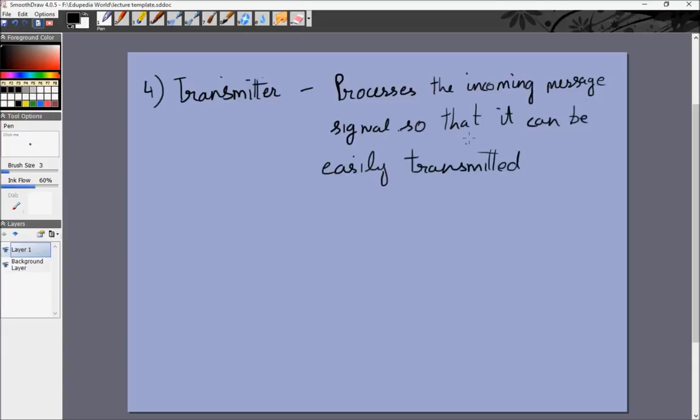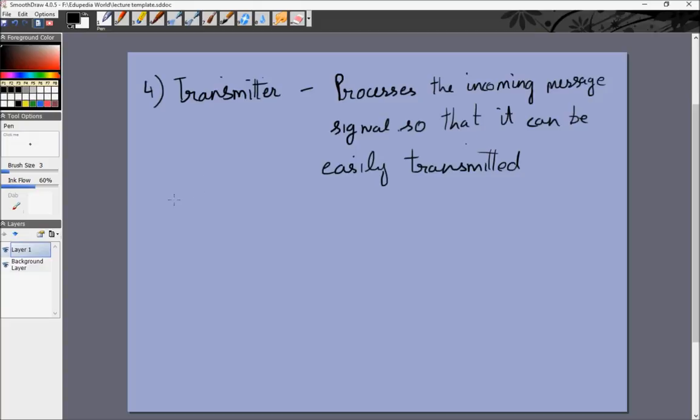We've already seen in the chapter on sound waves that when you have sound waves traveling in air, their intensity can actually reduce with space. So it's not very easy to transmit sound waves or pressure waves as they are from one point to another. But you can convert them into electrical signals, and electrical signals can easily be transmitted through wires.